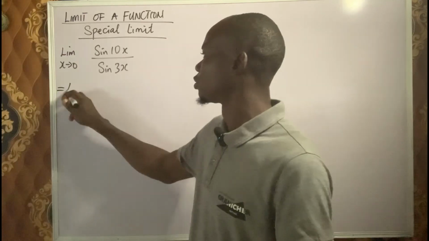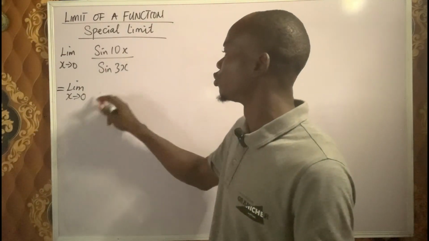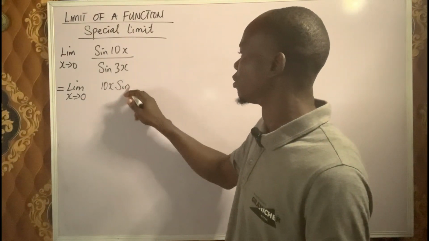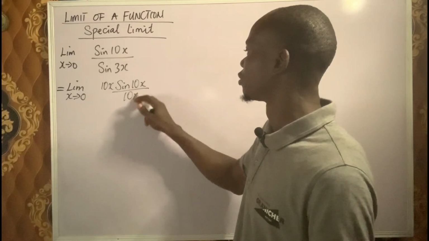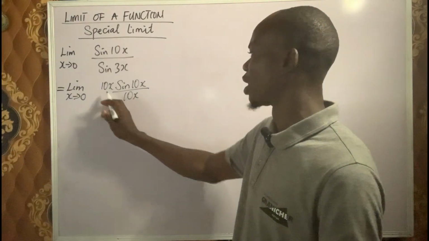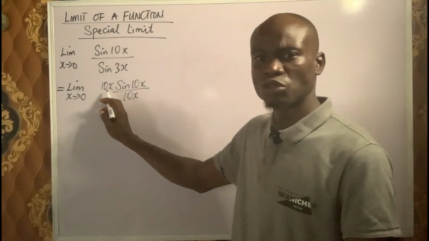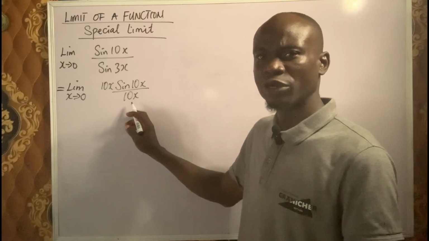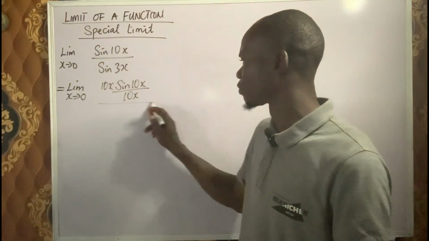So this becomes limit as x tends to 0. This will become 10x sine 10x over 10x. So I introduce 10x to multiply, I introduce 10x to divide. You get it? Introduce 10x to multiply and introduce 10x to divide. That's for the numerator. We go to the denominator now, we are going to do the same thing.